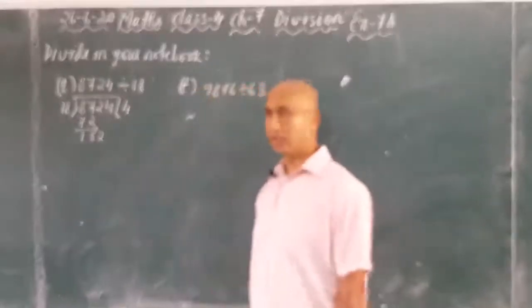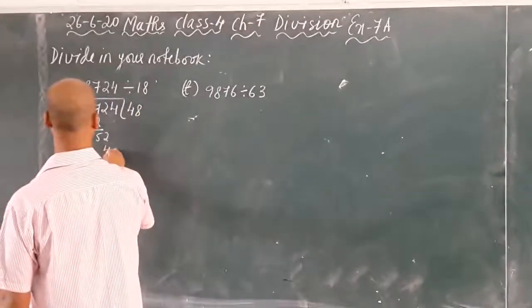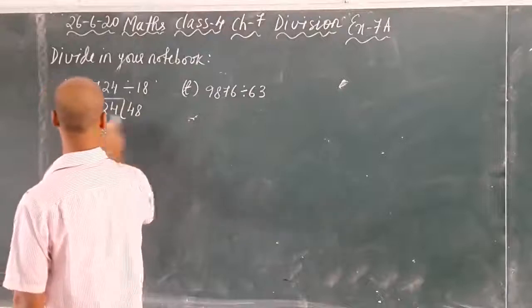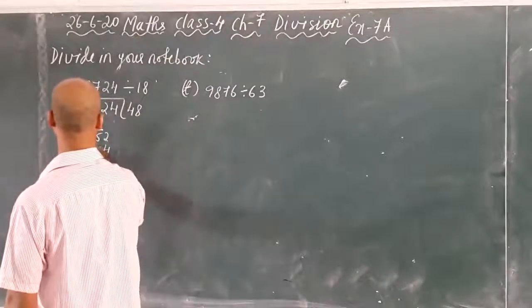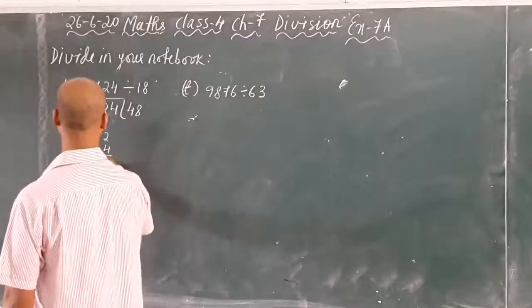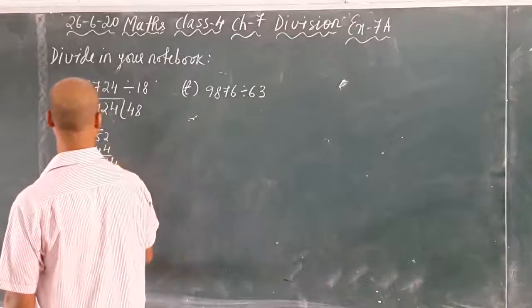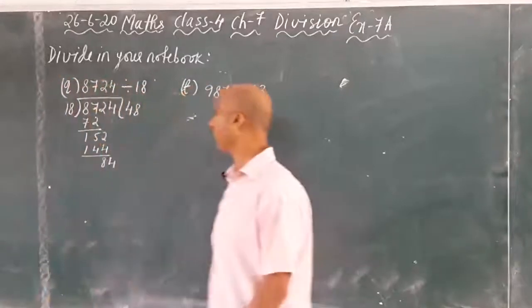Now 18, 152, 18 will go 8 times. 8 8s are 64, so 4 carry 6, 8 1s are 8 plus 6, 14. So from 12 subtract 4, 8, from 14 subtract 14, 0, bring down 4. So 84.